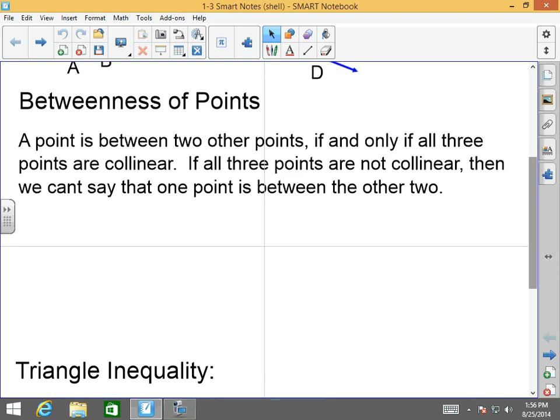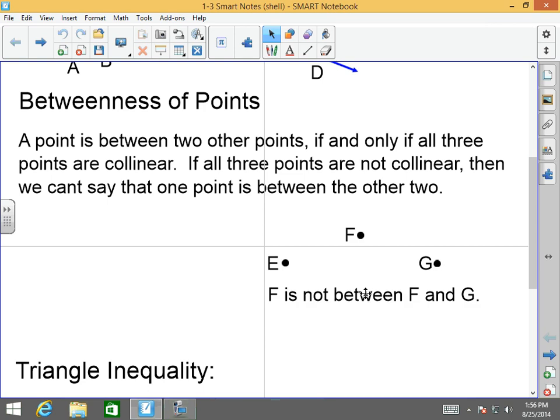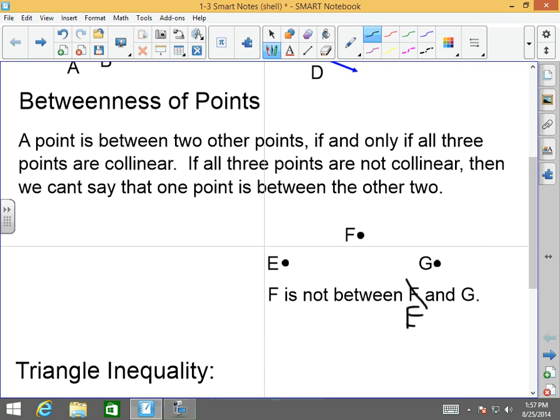I know this doesn't make a lot of sense maybe to you, but if you think about this, E, F, and G here are not collinear. They're not on the same line. They're on different lines. So therefore, you cannot say that F is between E and G. F is not in between E and G.